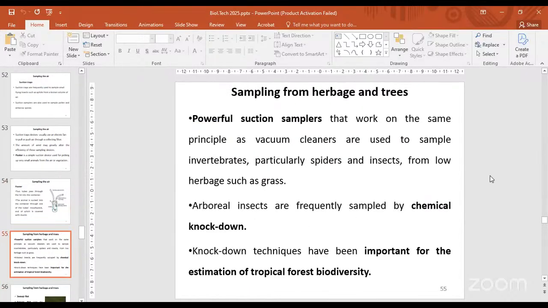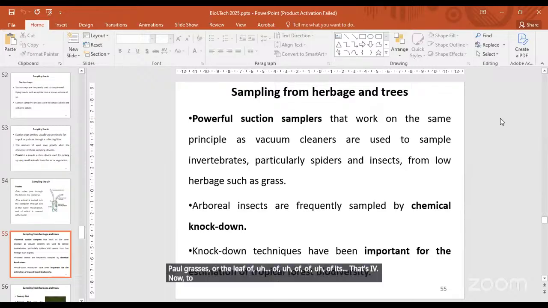What about sampling from herbage and trees? What is herbage? Herbage are grasses, tall grasses, or the leaves of herbs. Now, to sample from that, what do we use?